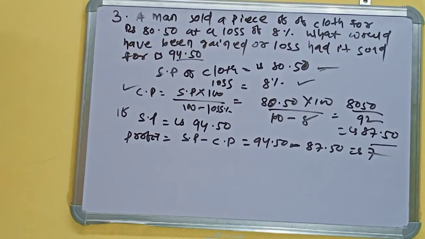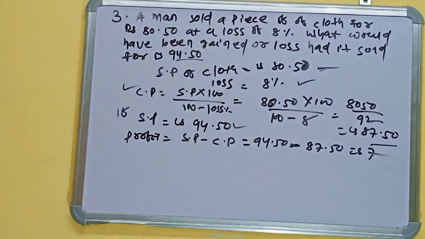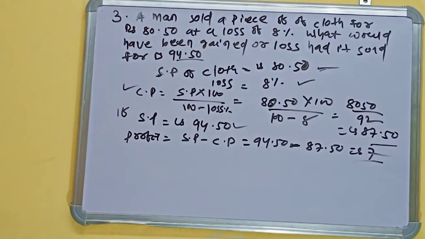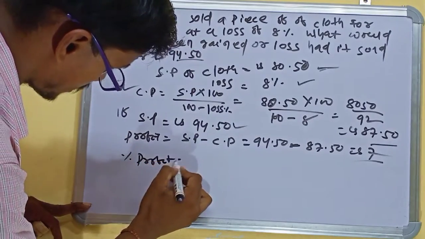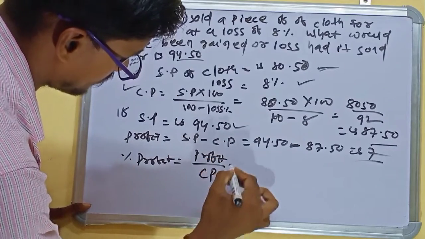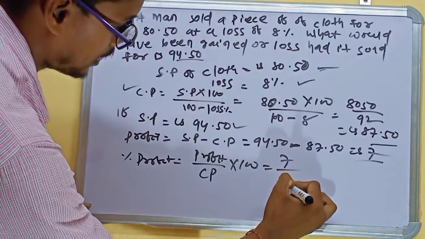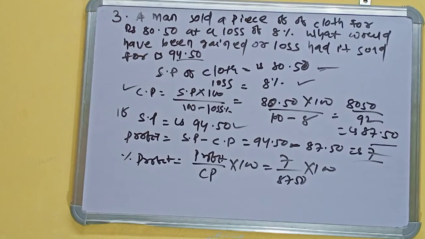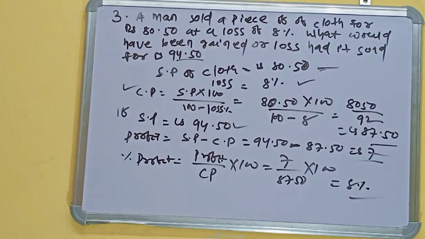Then percentage of profit is equal to profit divided by CP into 100. Profit is 7, CP is 87.50, into 100, which is equal to 8%.